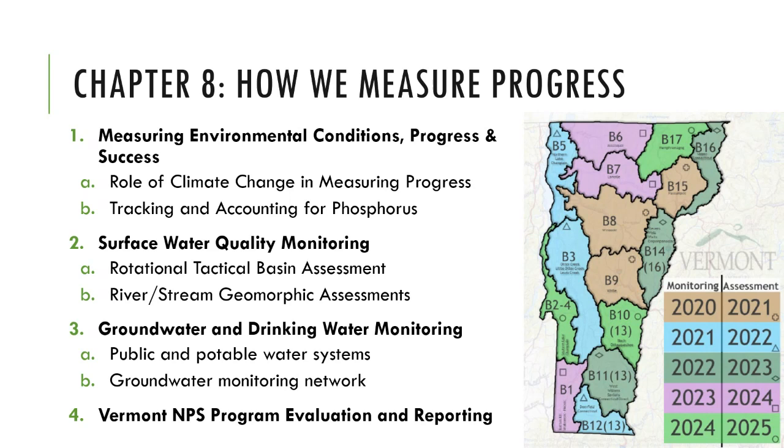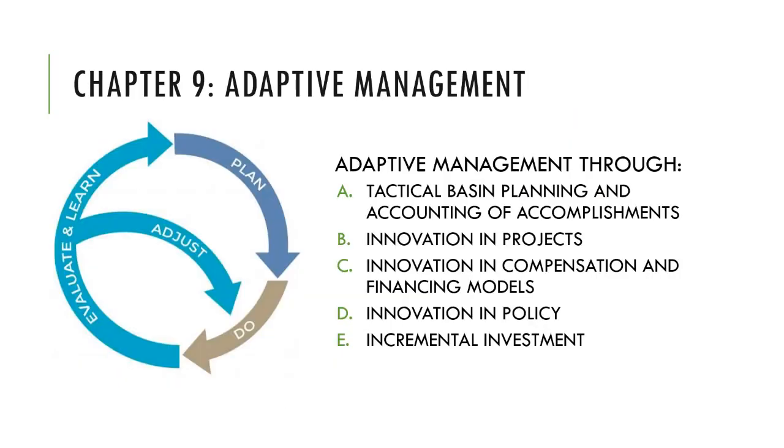Making sure that's an annual process of collecting that information and reporting on it and communicating that to the public is an important piece of this process. So that is generally what we're talking about in Chapter 8, which leads to Chapter 9.